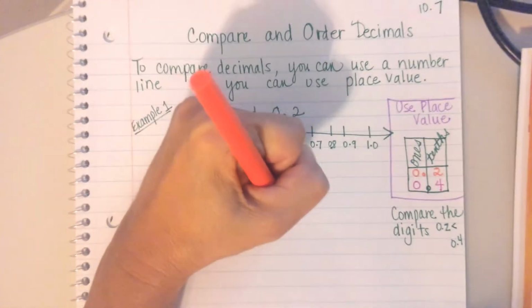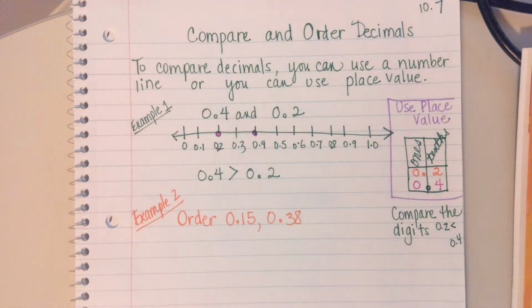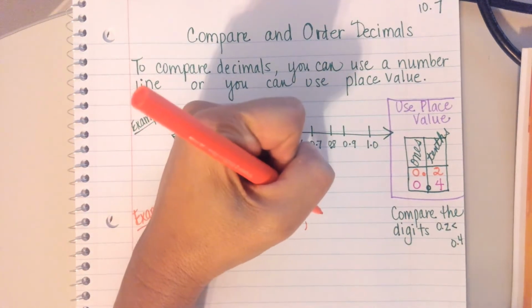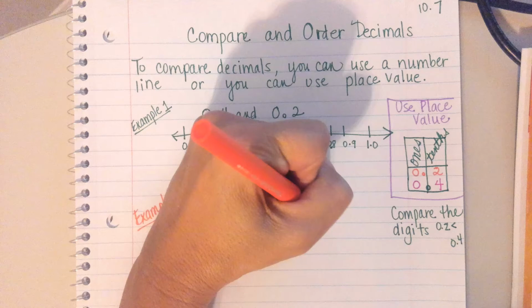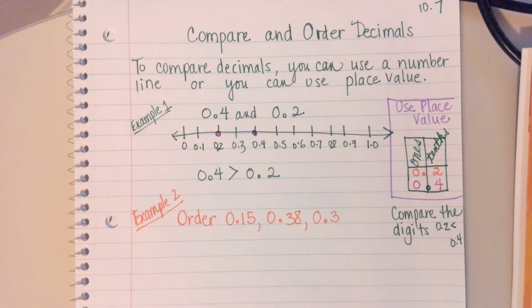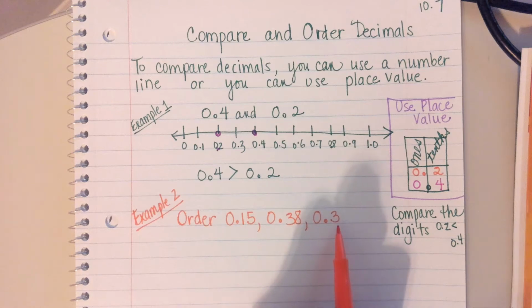Then we've got, yes, very good, 38/100. And then we've got 3/10. Just because we have one digit here doesn't necessarily mean that this is the smallest number.